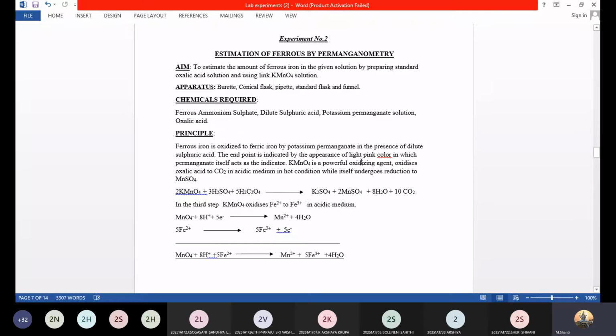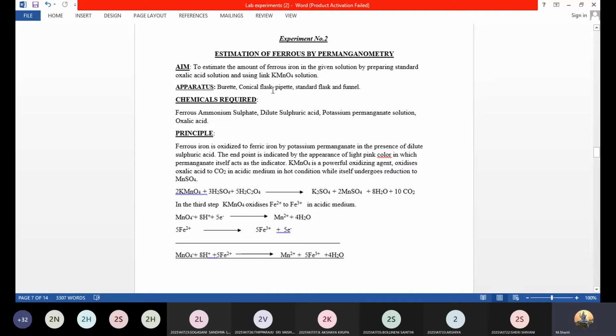So in the burette, what are you going to take? Anything you are estimating, suppose a particular unknown solution is given and you have to find out the iron or something else present in it, that solution has to be taken in the conical flask, and in the burette you are going to take the KMnO4 solution.